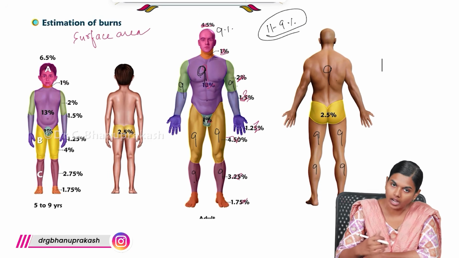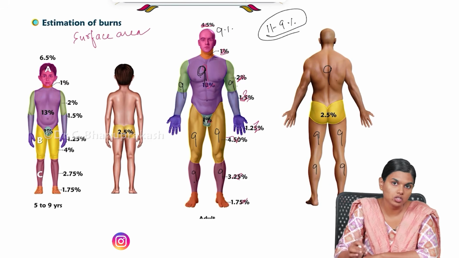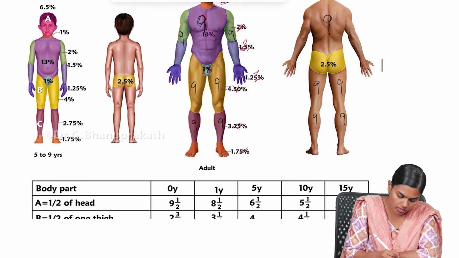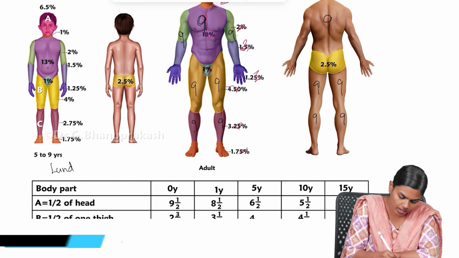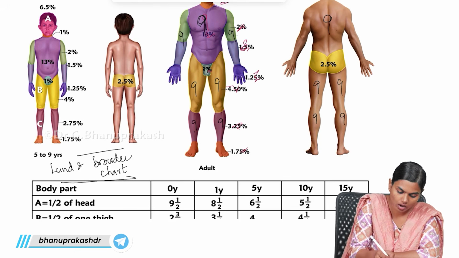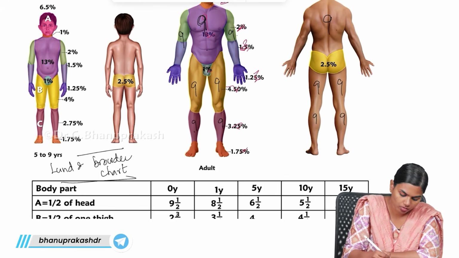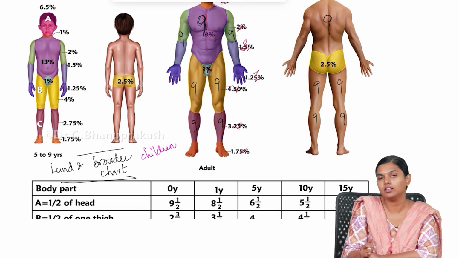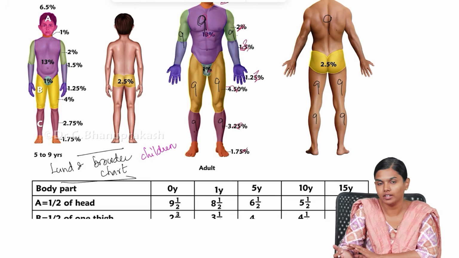And there is another rule that we use in case of children, that is known as the Lund and Browder chart. So this is what we use in case of children. This is more accurate than the usage of the rule of 9 in adults. Why?